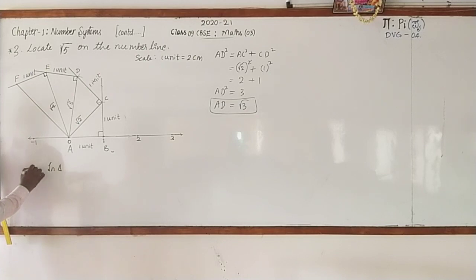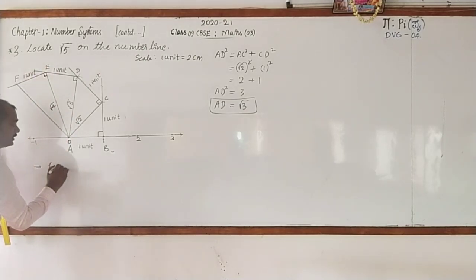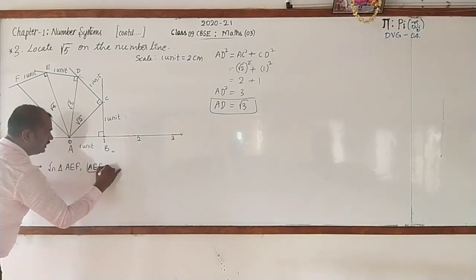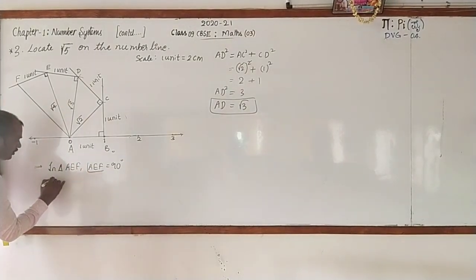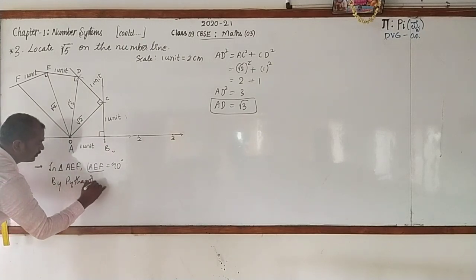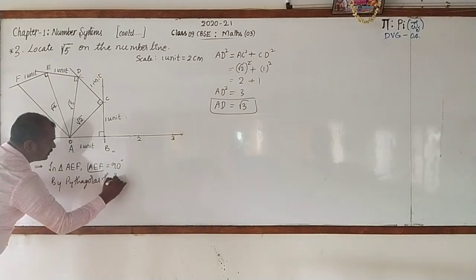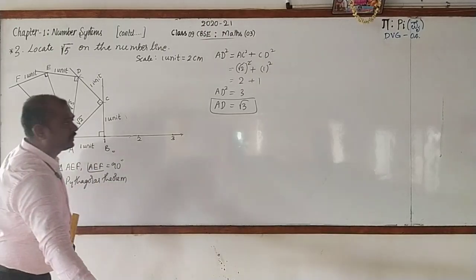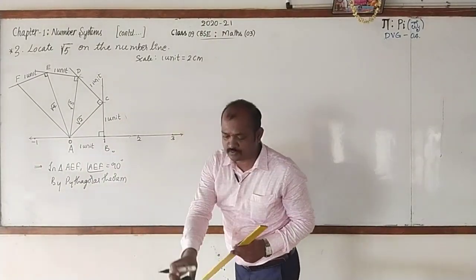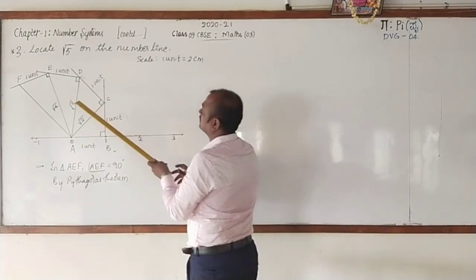In triangle, what is the last triangle? AEF. It is a right triangle. In triangle AEF, angle AEF is 90 degrees. So now I'll write by the Pythagoras theorem. We can write the square of the hypotenuse. The last triangle, which is the hypotenuse?